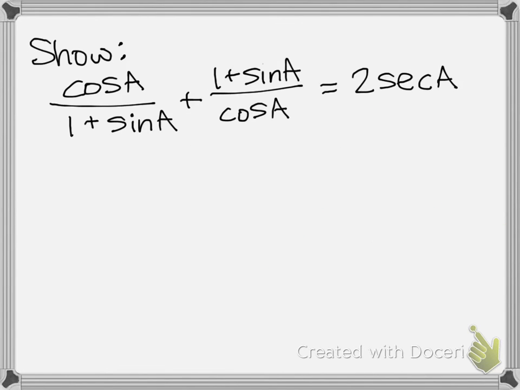Finally, show cosine A over 1 plus sine A plus 1 plus sine A over cosine A is equal to 2 secant A. So in this case, I also have a situation of wanting to get a common denominator.